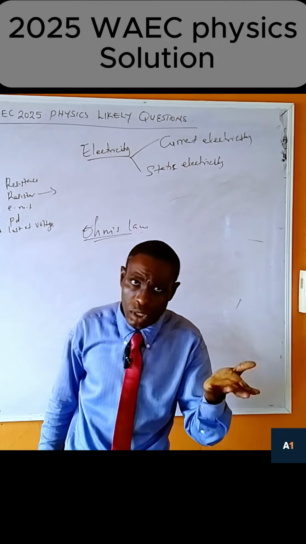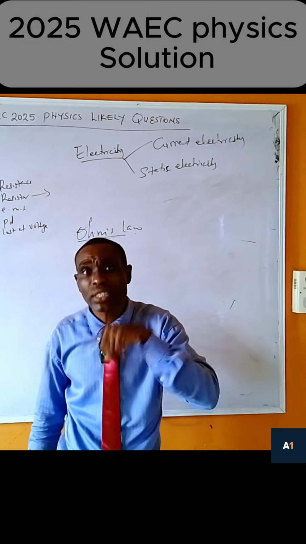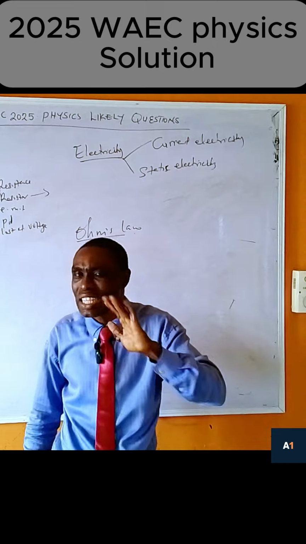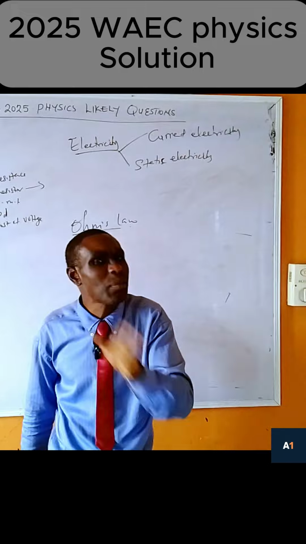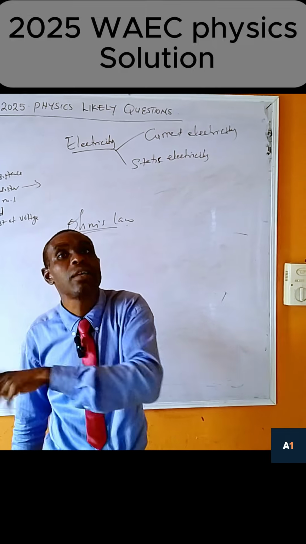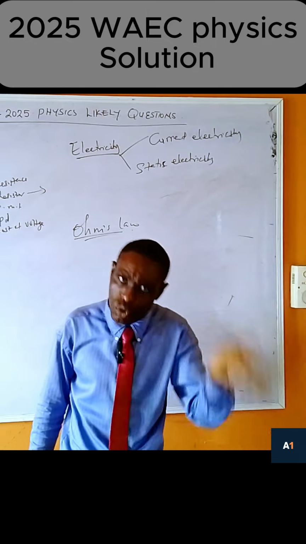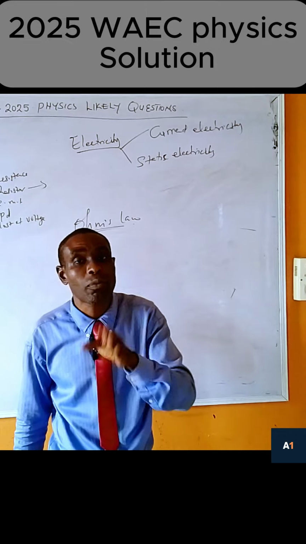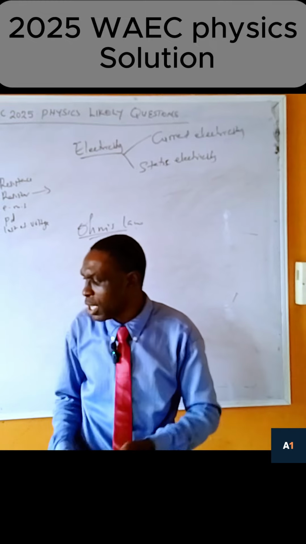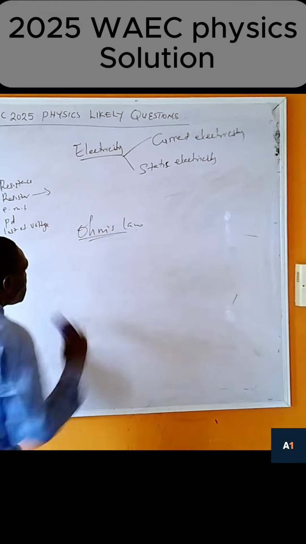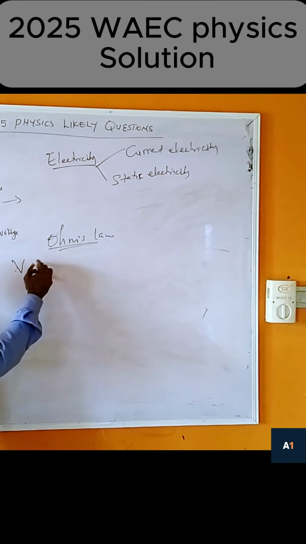Ohm's law states that the current passing through a metallic conductor is directly proportional to the potential difference across its ends, provided the temperature and other parameters remain constant. What it means is this: the higher the voltage, the higher the current.